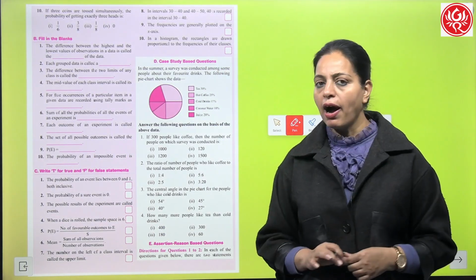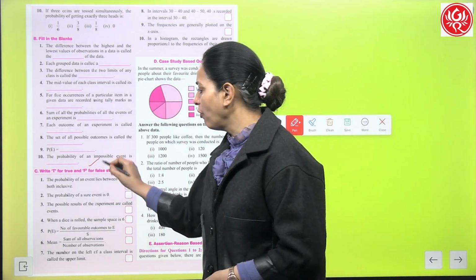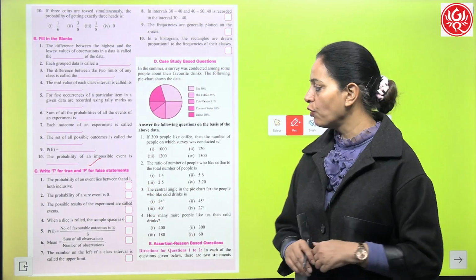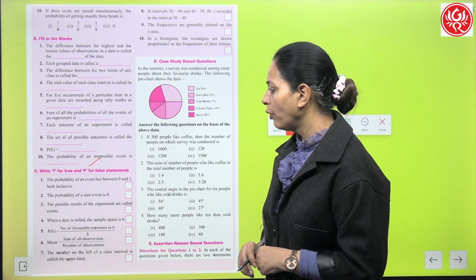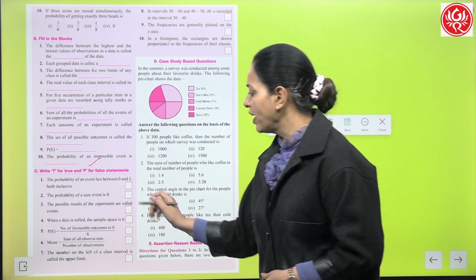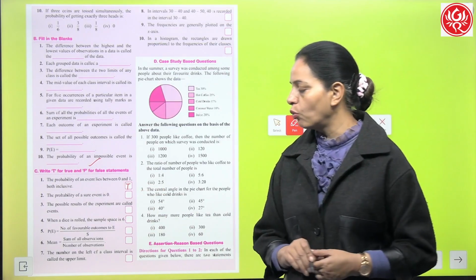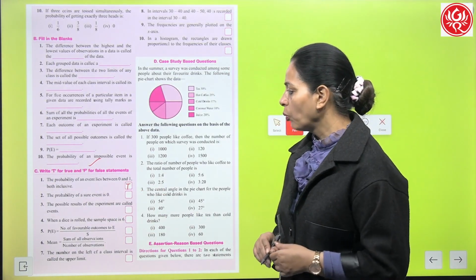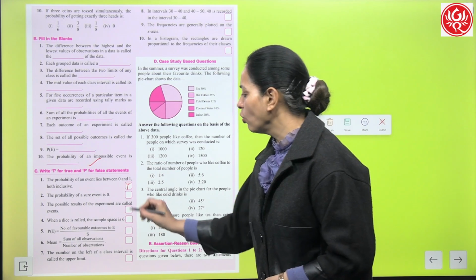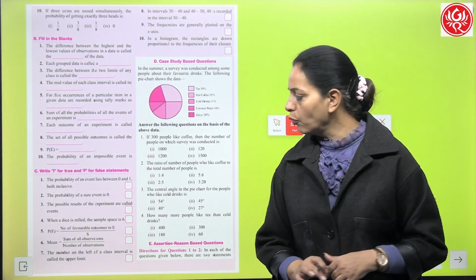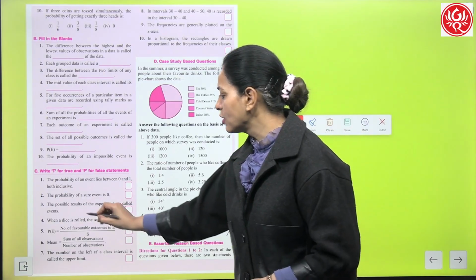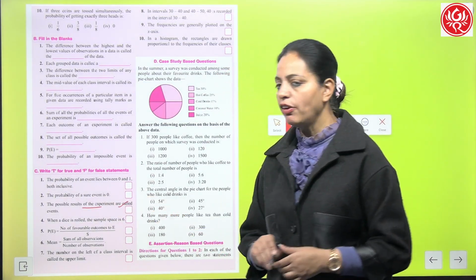Now come to C part, write T for true and F for false statements. The first one, the probability of an event lies between 0 and 1, both inclusive. Yes, this is true. The second one, the probability of a sure event is 0. No, this is false, right? The third one, the possible results of the experiment are called events.